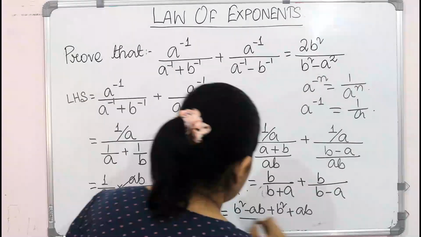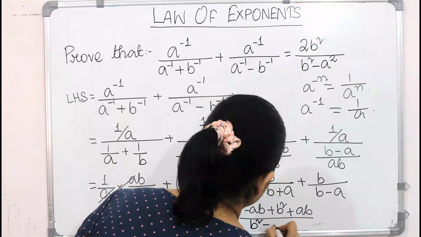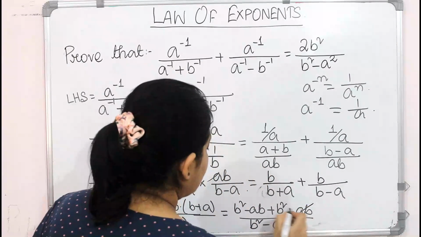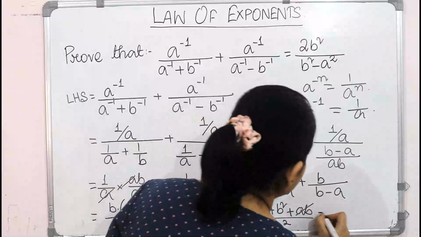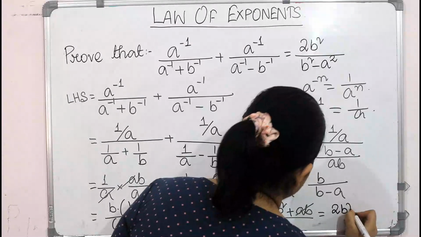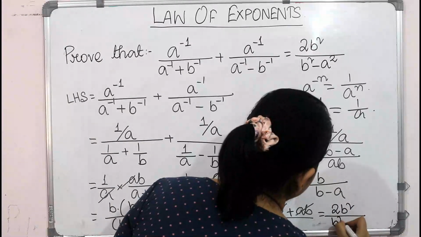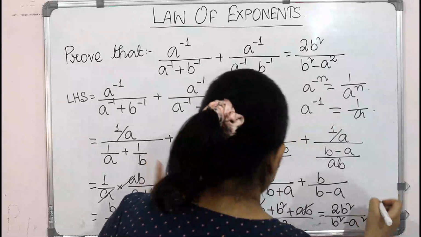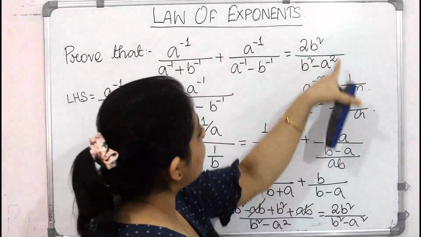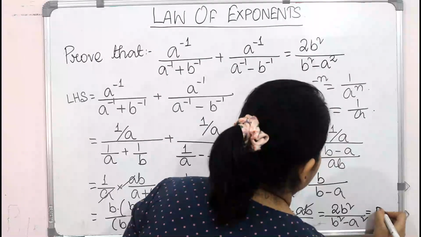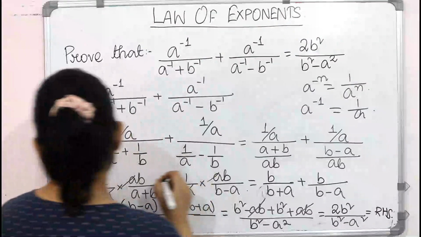So this one we will write as b square minus a square. So ab minus ab will get cancelled. So you are getting 2b square divided by b square minus a square. So are you getting the result? Yes. So equal to RHS. So this is hence proved.